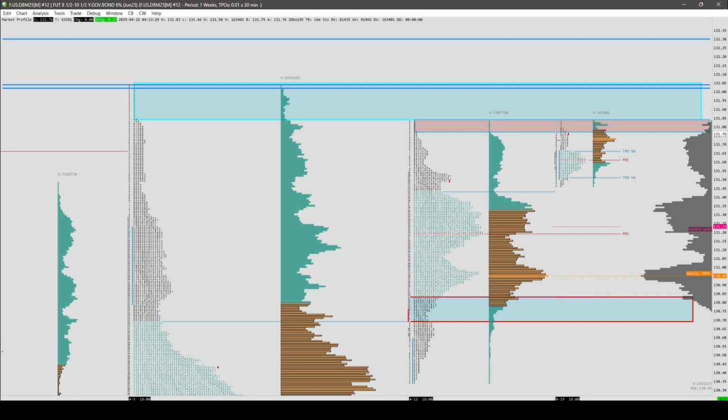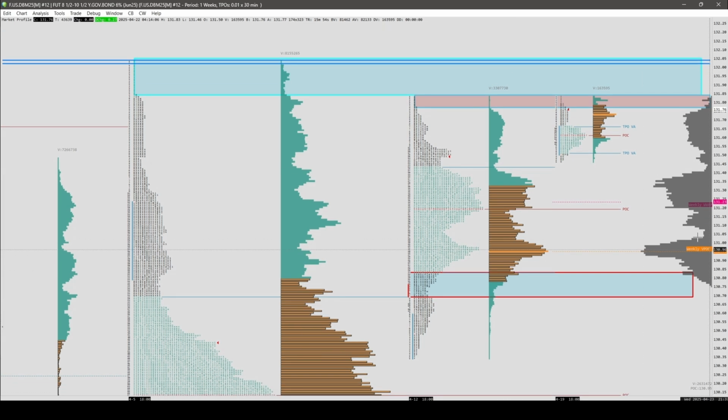And if the market is going to be rallying down, I will be looking at 131s, 43s, because this is our value area high of the previous week. Then I will be looking at the POC of the TPO chart, which is sitting at 131s, 19s, and the weekly VPOC, which is sitting at 130s, 95s.